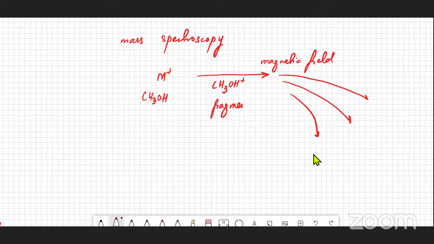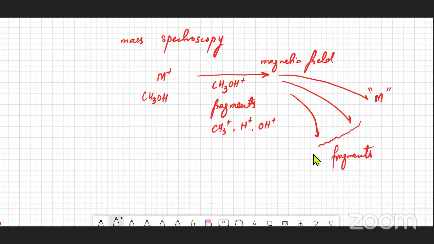In the ionization process, the molecule could break up into CH3 plus 1 tiny fragment, and H plus 1 fragment could be formed, and OH plus 1 fragment could be formed. So the heaviest peak belongs to the molecular ion, which is known as the M peak. And the lighter particles, the fragments, because they're light, they're going to be deflected more. So those are your fragments.